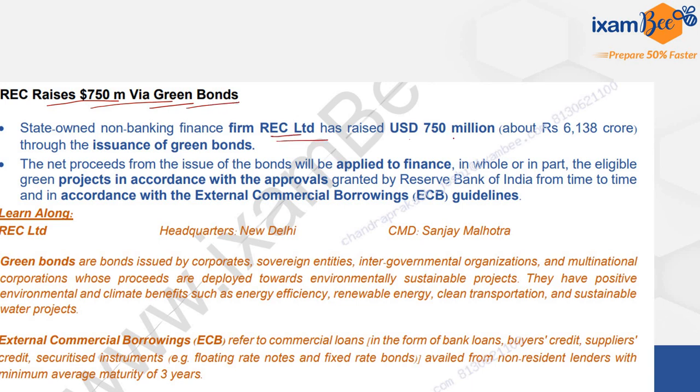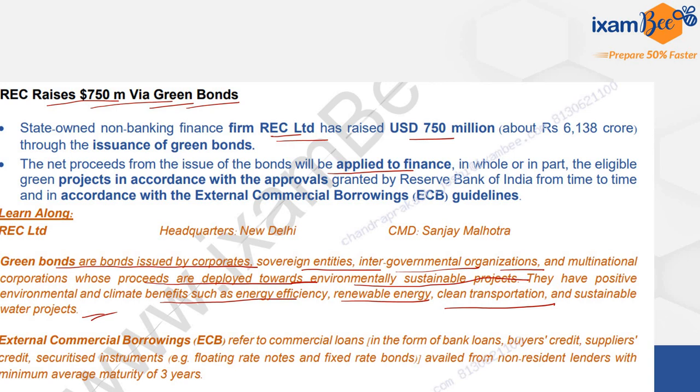REC Limited has raised this amount, and this will be used for the blank. But more important is understanding green bonds. Bonds issued by corporates, sovereign entities, intergovernmental organizations and MNCs whose proceeds are deployed towards environmentally sustainable projects. They have positive environment and climate benefits such as energy efficiency, renewable energy, clean transportation, sustainable water projects, etc. So any entity can issue green bonds.